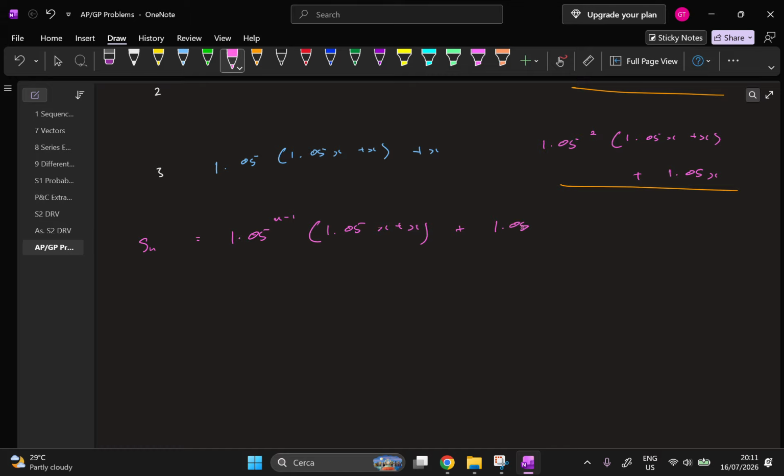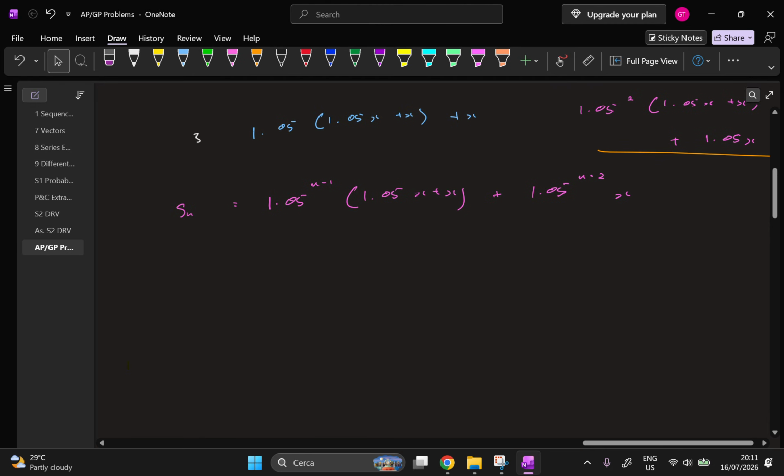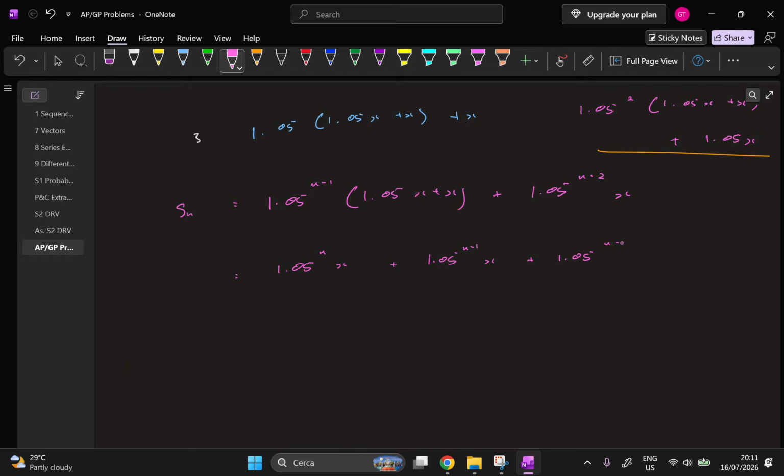This is 1.05 power n minus 2 x. So if I expand this, I can attempt to expand this 1.05 n minus 1 times 1.05. So that's just 1.05 n x plus 1.05 n minus 1 x plus 1.05 n minus 2 x. Now that's a lot more elegant.